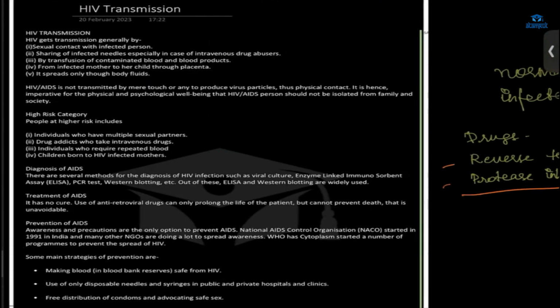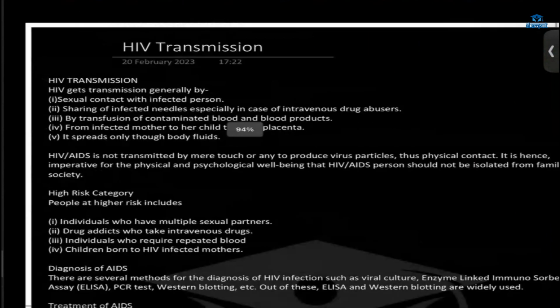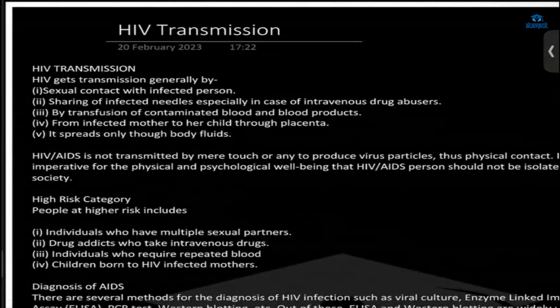How is it transmitted? Through sexual contact with an infected person, as I told you, then infected needles, and also by blood transfusion. That's why if a person is donating, the blood will be checked.